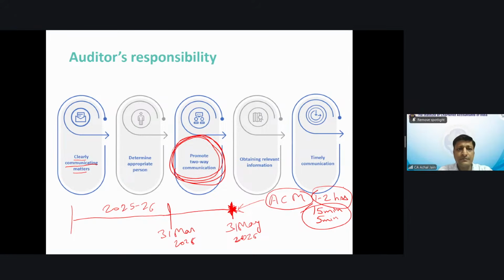Answer is no. So that's where this standard requires this communication to be an effective communication, so that this discussion can be meaningful. This can be useful for the purposes of audit. Otherwise, what will happen? Otherwise, it will be more of a technical requirement, which will not really serve much of the purpose.